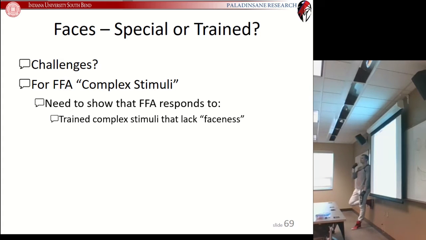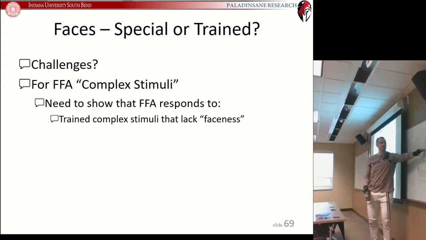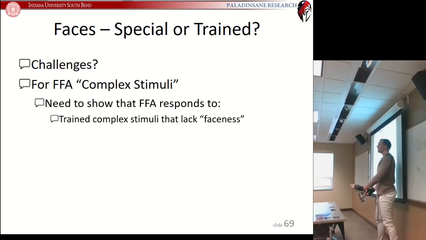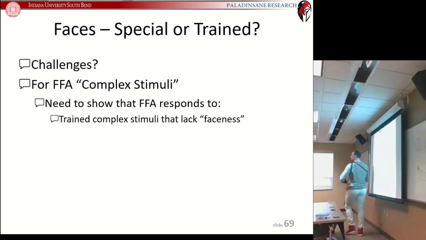If you can come up with some stimuli that are complicated, like the Greebles, none of which have faceness, none of which have this sort of configuration anywhere in their stimuli, and you can show after training that the FFA responds to them, then you would have a very strong argument that it is for trained stimuli because none of these have that idea of faceness.